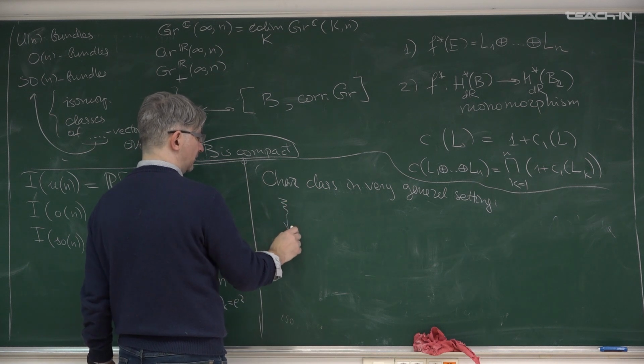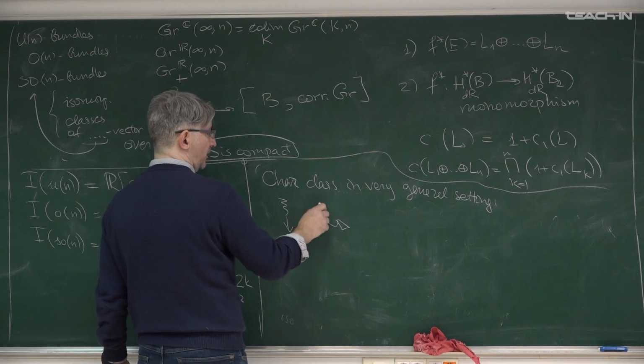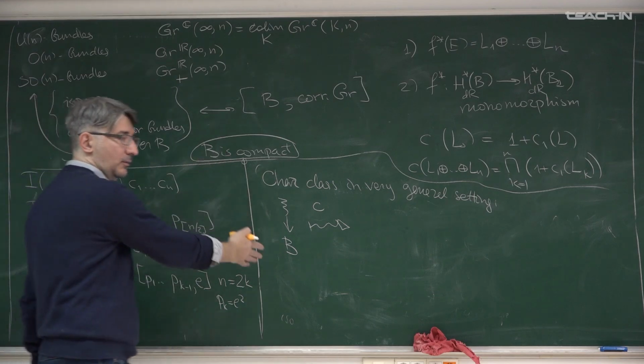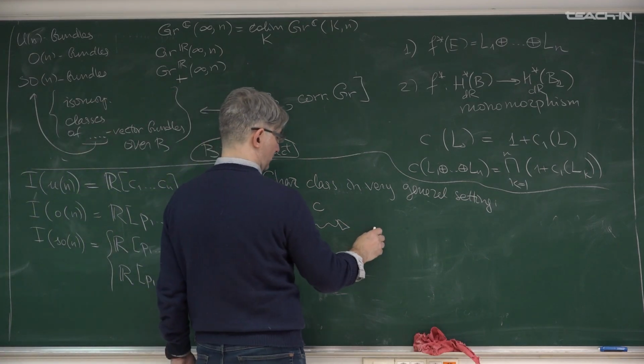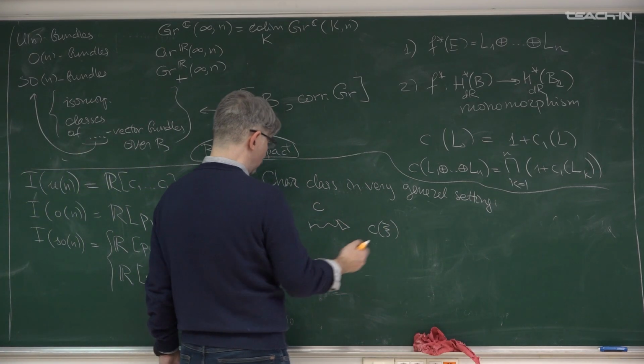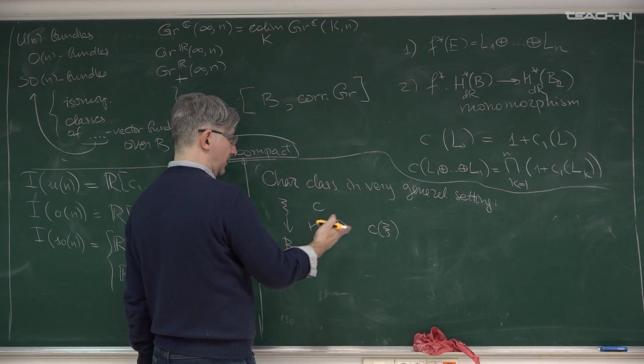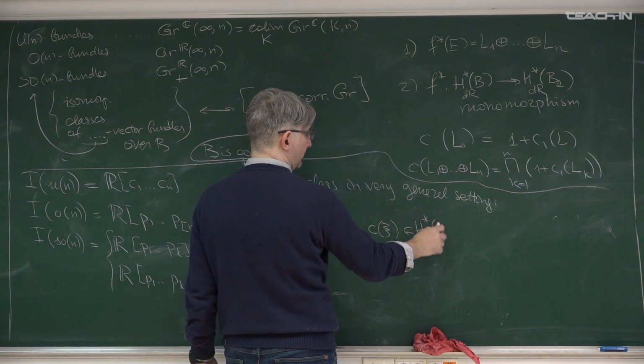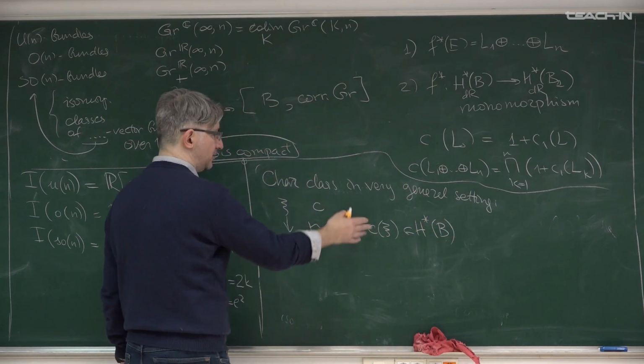If you have a vector bundle over base B, a characteristic class is a rule which gives you a class in the cohomology of B for each vector bundle.